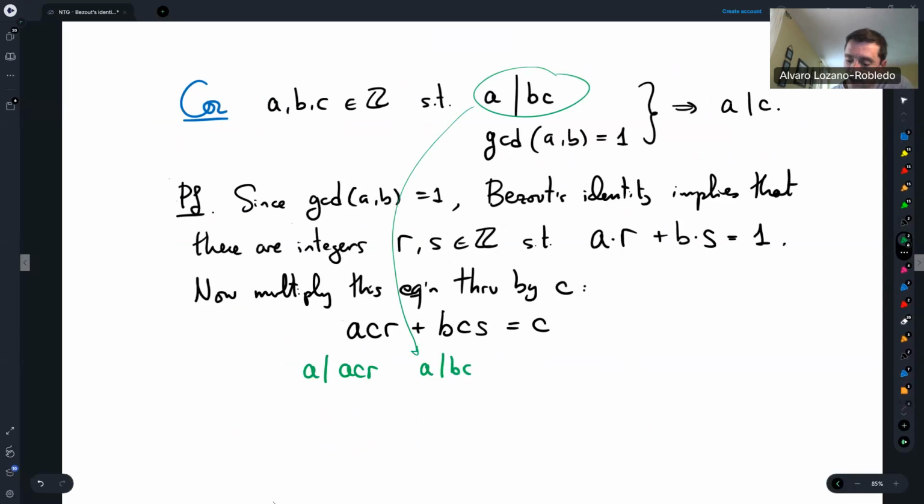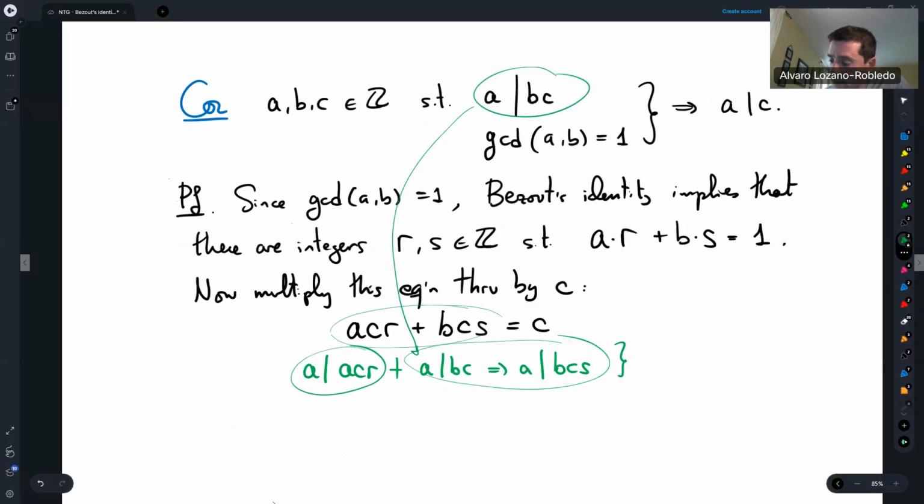By assumption, A divides BC. So A divides BCS. Okay. And together, these two facts tell me that A divides all of this.